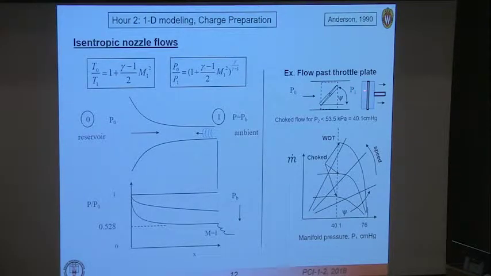That means that no matter how fast I move the piston here, once the pressure in the region behind the piston drops below 40 centimeters mercury, I can't get any more flow, and the flow is choked. So that's what I was referring to when we looked at Hayward's plot when we spoke about the choked flow situation.